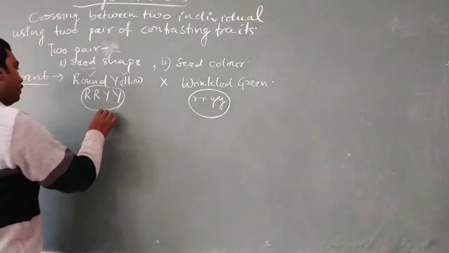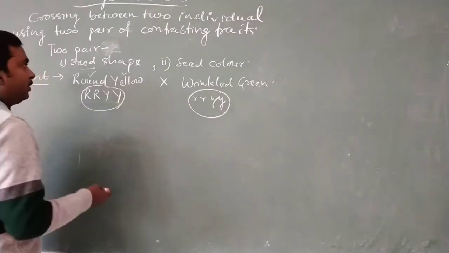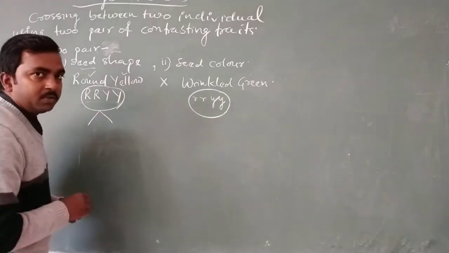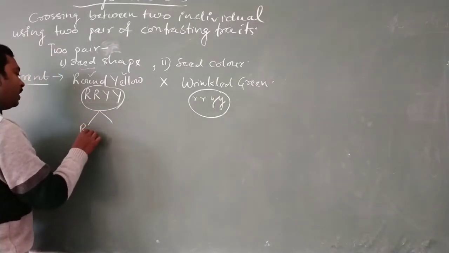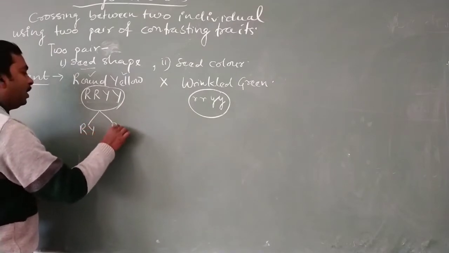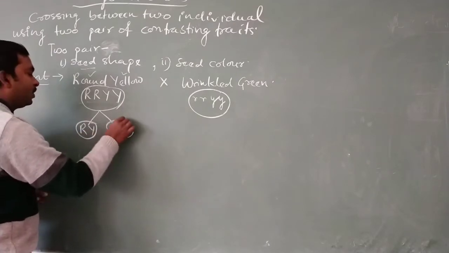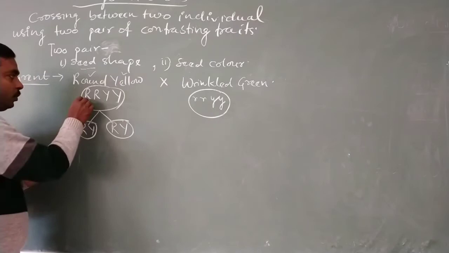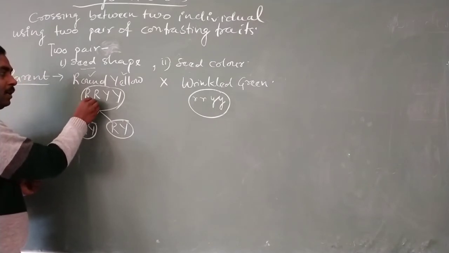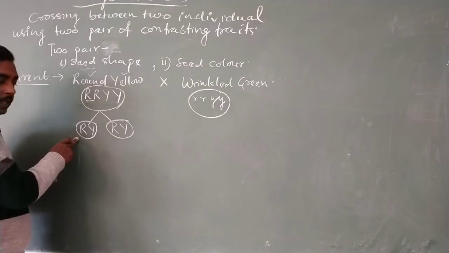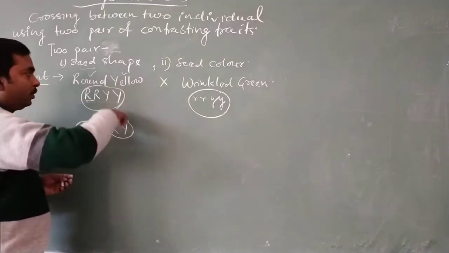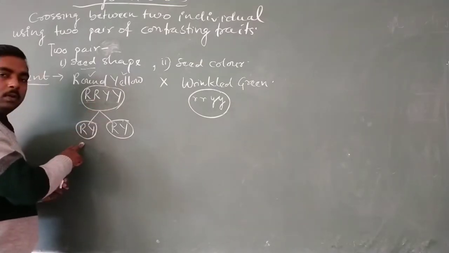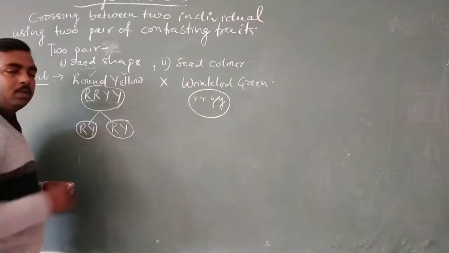This process takes place after the formation of gametes. When the gametes form, the pair becomes unpaired: one capital R goes to one gamete, the second R to the second gamete, and for the color of the seed, one capital Y goes to one gamete and the second capital Y to the other gamete.